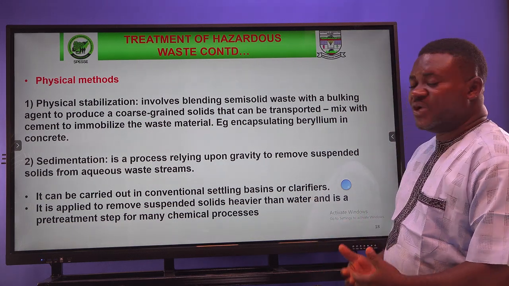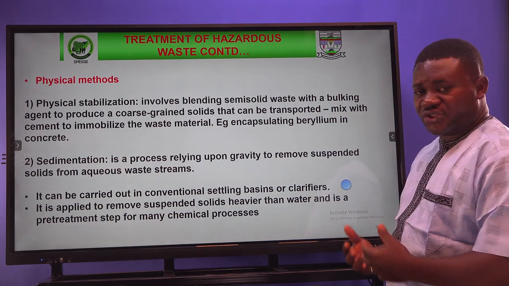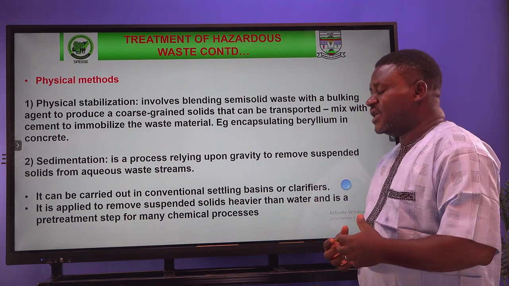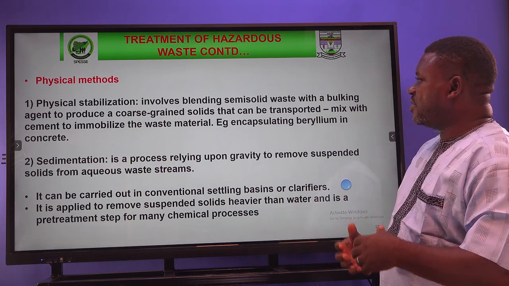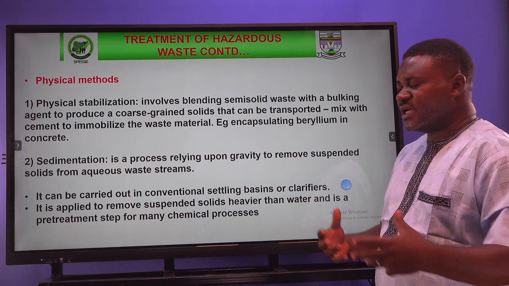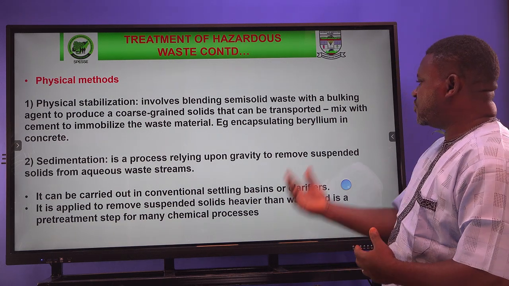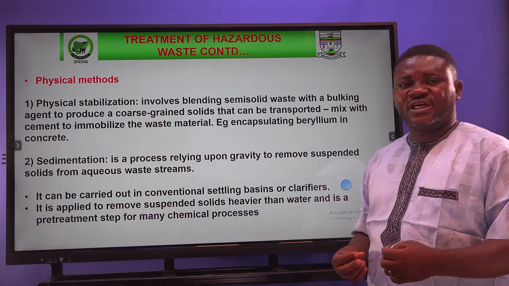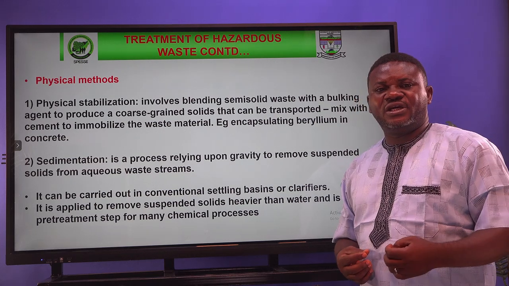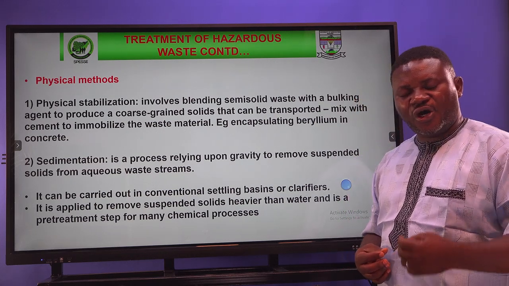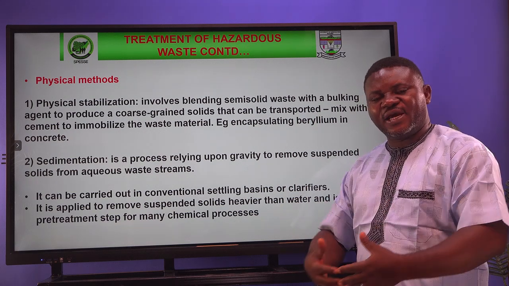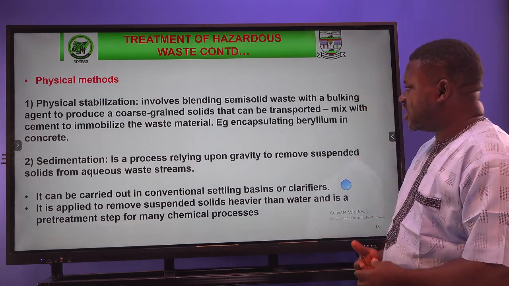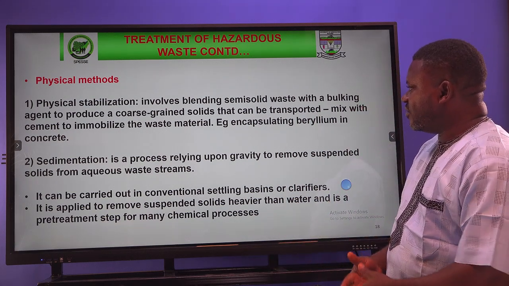Here has to do with stabilization. And stabilization here involves blending a semi-solid waste with a bulking agent to produce coarse grain solids that can be transported. Here, the essence is to immobilize the hazardous material so that it won't be able to be transported in the environment so easily.